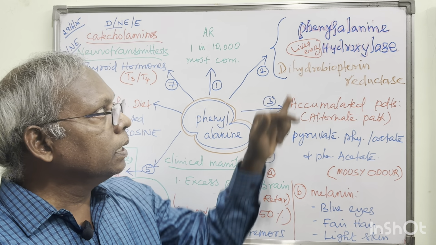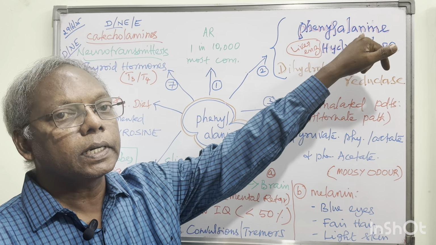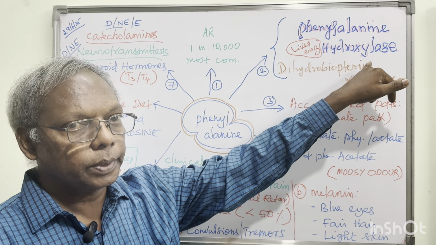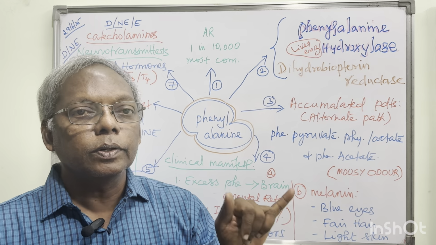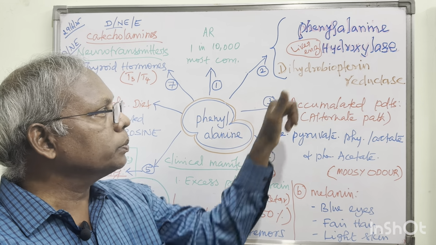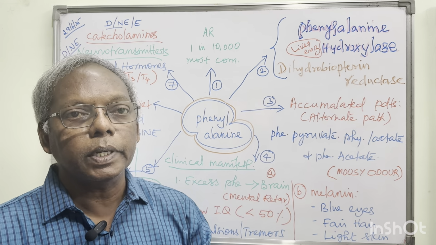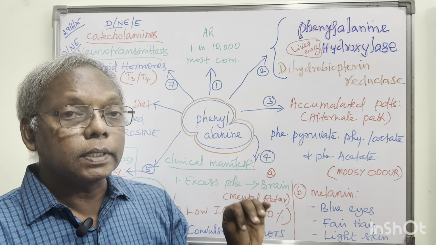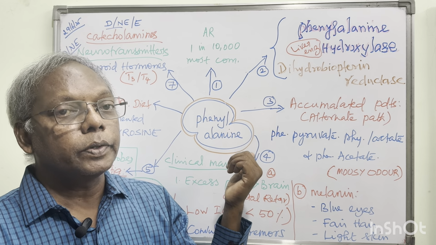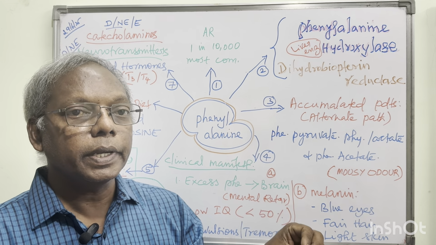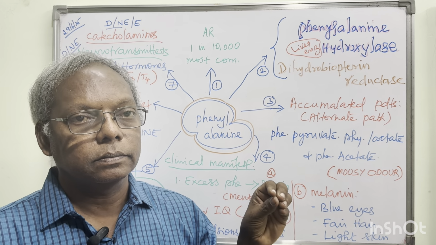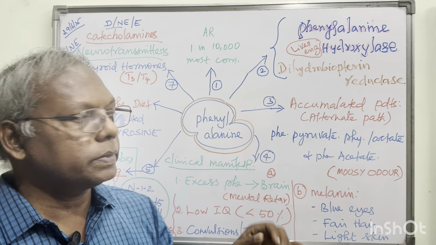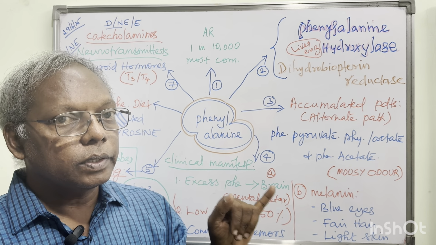Some types are produced by lack of synthesis of dihydrobiopterin reductase, and some by lack of synthesis of tetrahydrobiopterin, the cofactor or coenzyme. This is the second part regarding the enzymes.